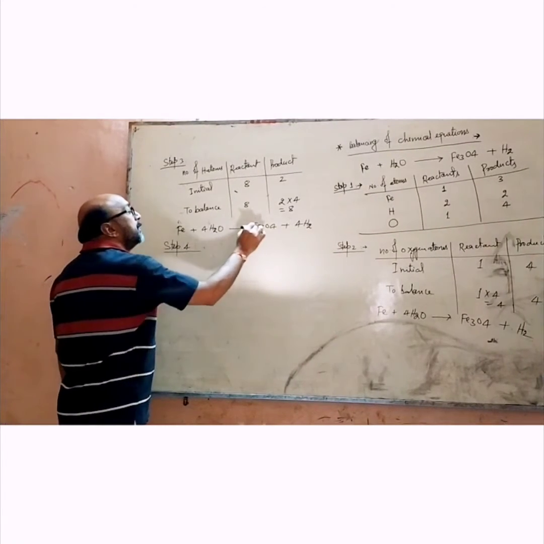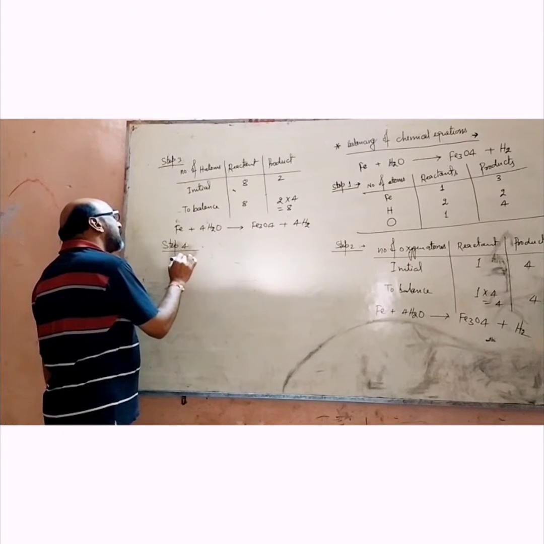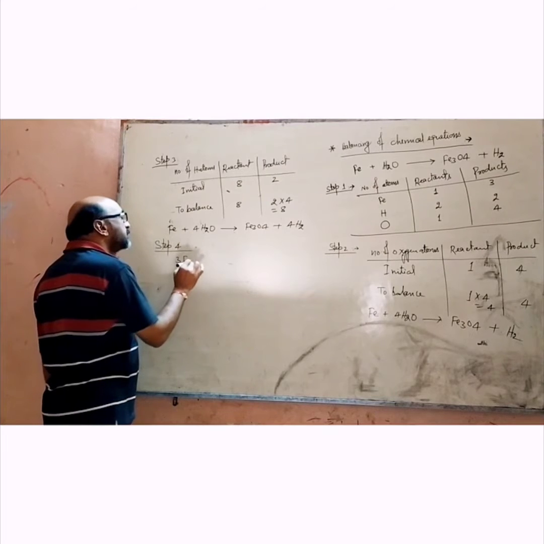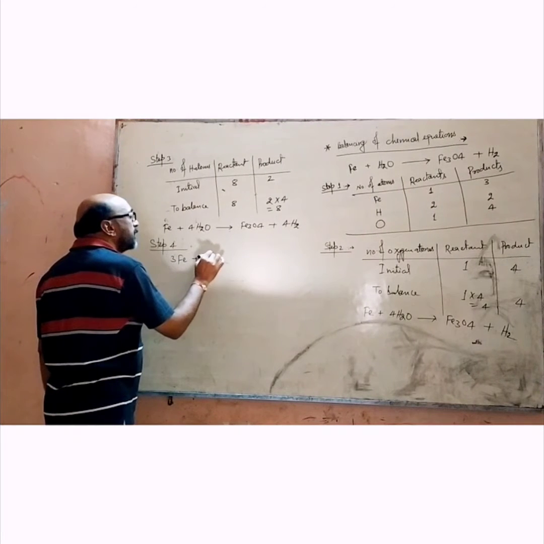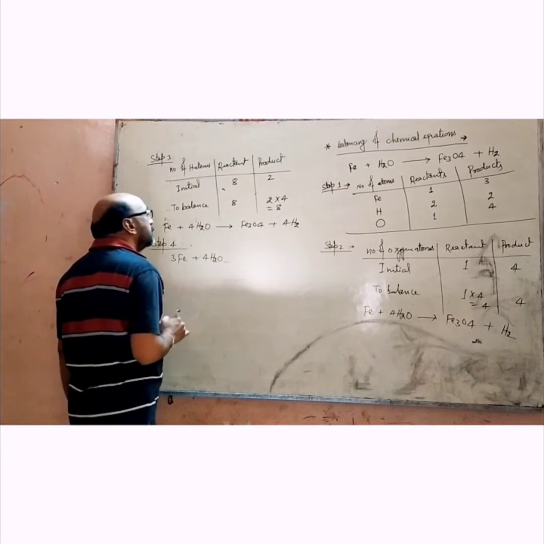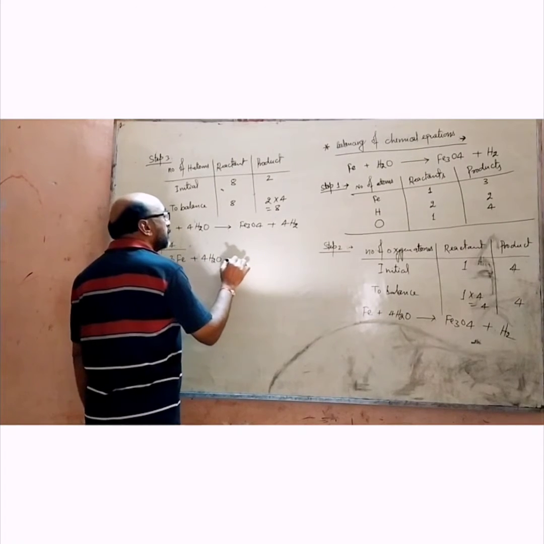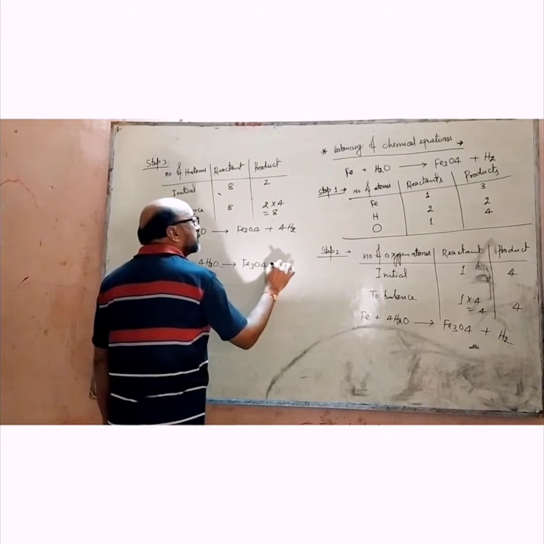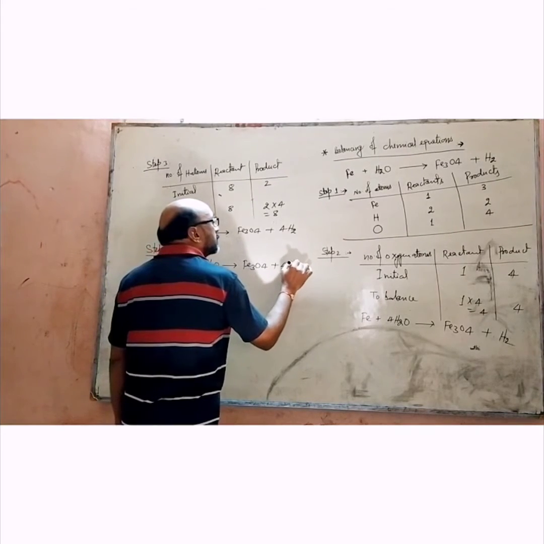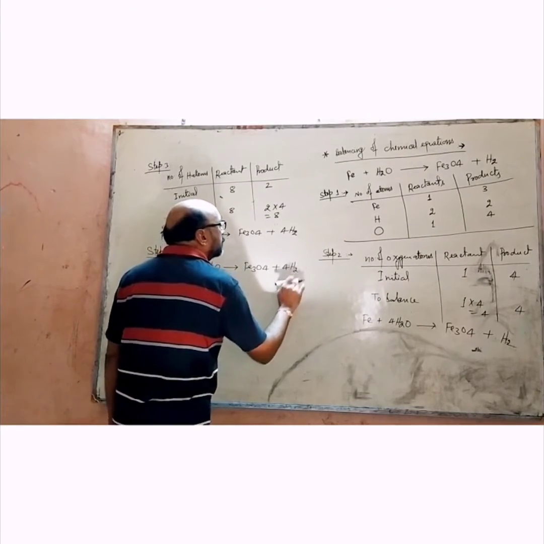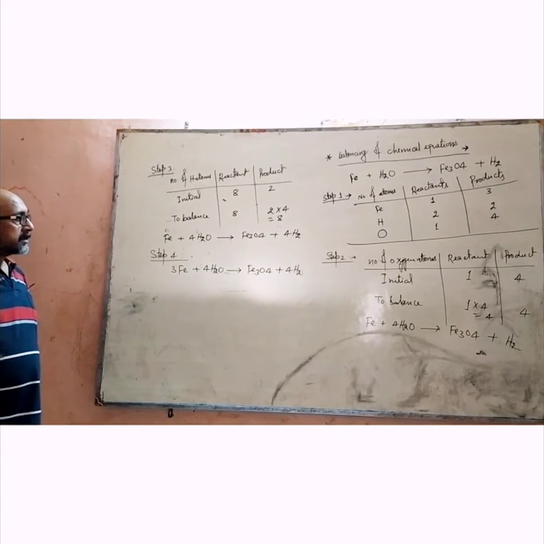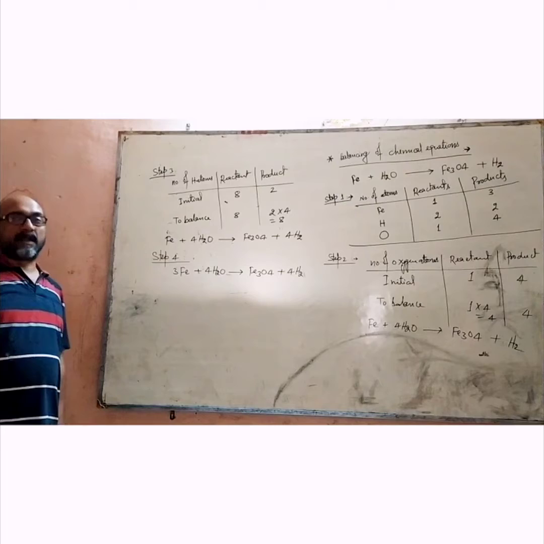So we multiply iron in the reactant side by 3 to make the number of atoms of iron equal on both sides of the equation. Now the chemical equation is balanced.